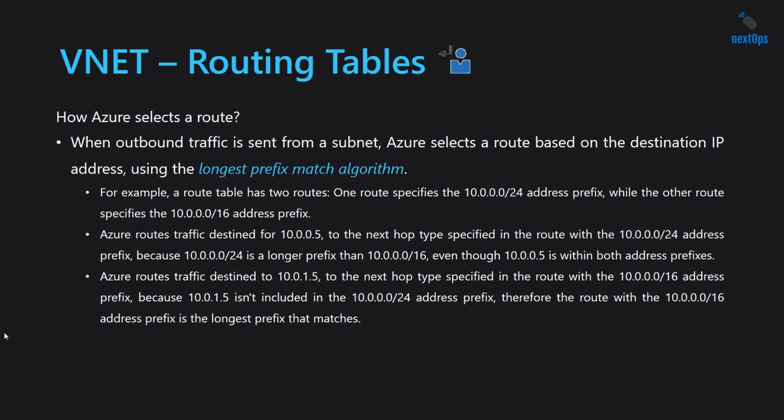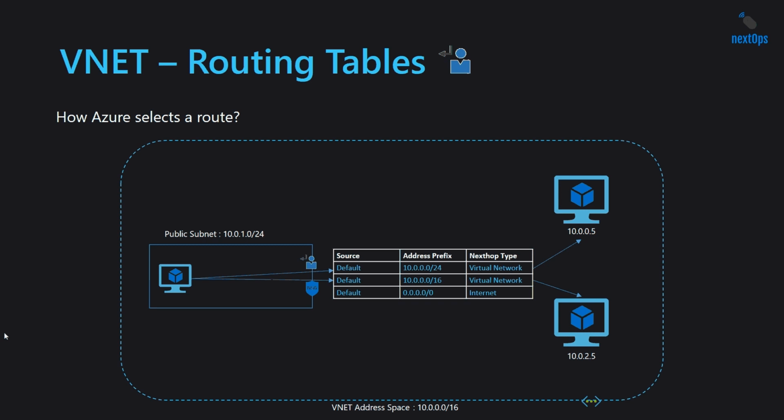To make things clearer, I've created a diagram here which explains things in real time. Here our VNet has a /16 CIDR block, and we have a subnet created with /24, and a routing table which has two routes: 0.0/24 and 0.0/16. On the other side, we have two machines which have 0.5 and 2.5 as the IP addresses.